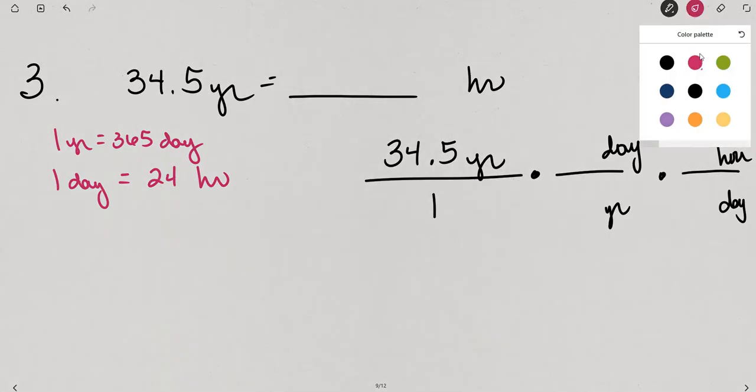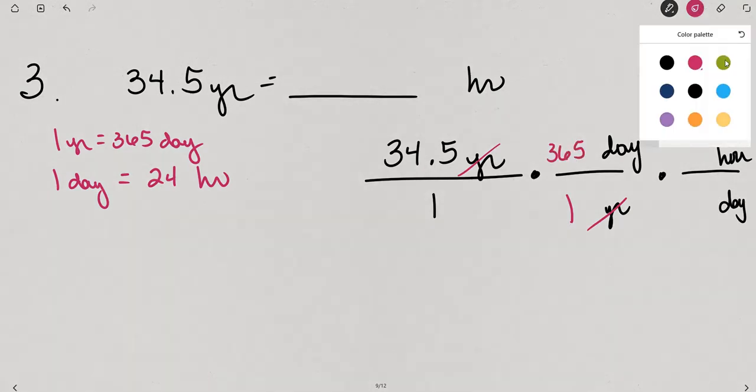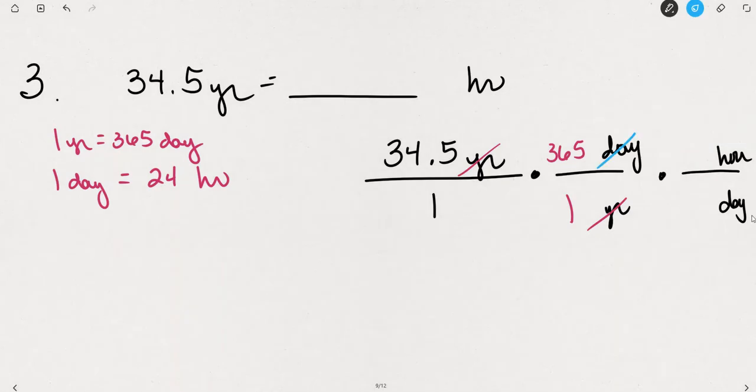So all I have to do now is fill in the values. So if I want to get rid of years, I need years in the denominator. 1 year corresponds to 365 days. And then if I want to get rid of the days, I've got to put days in the denominator. So I could have that 1 day is 24 hours.